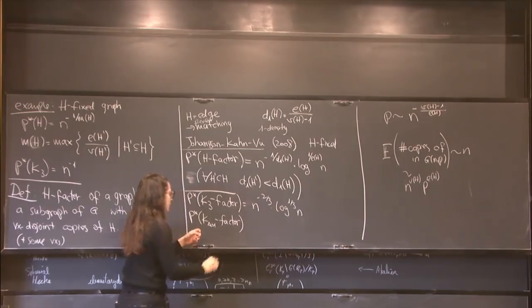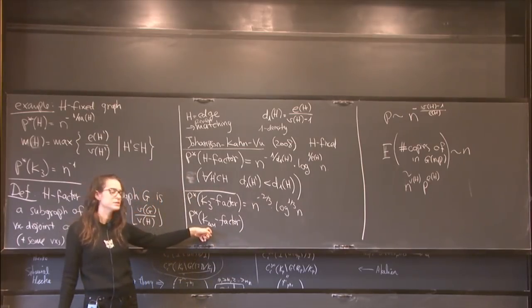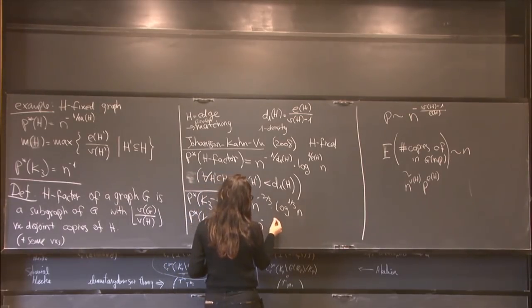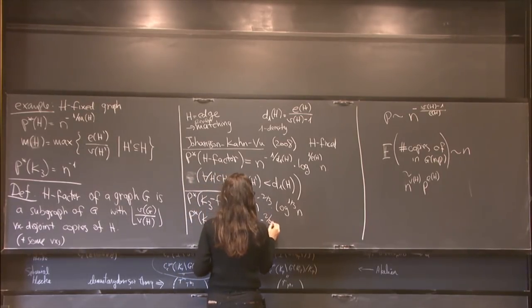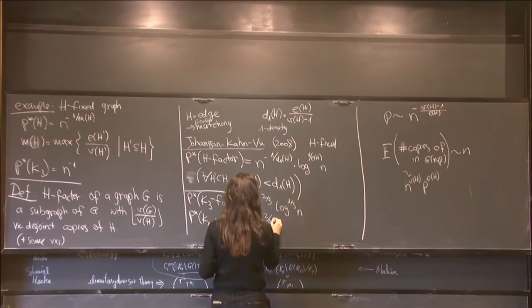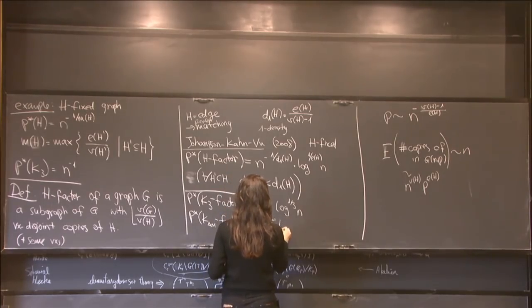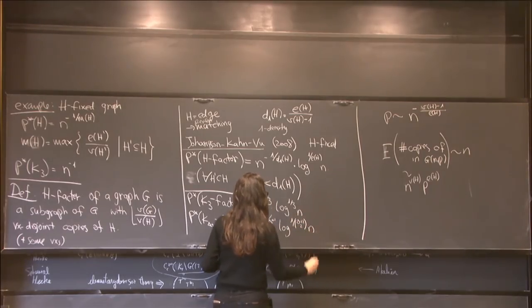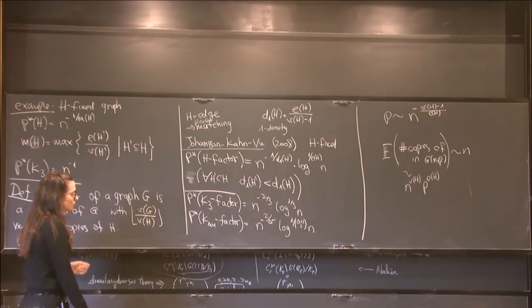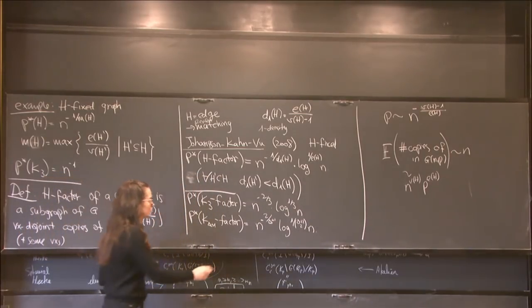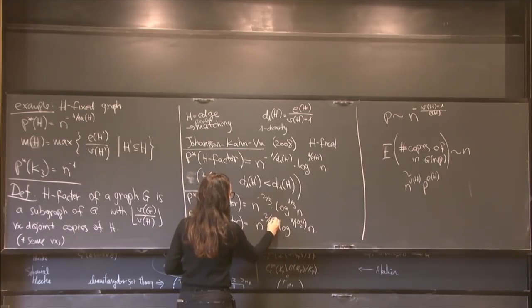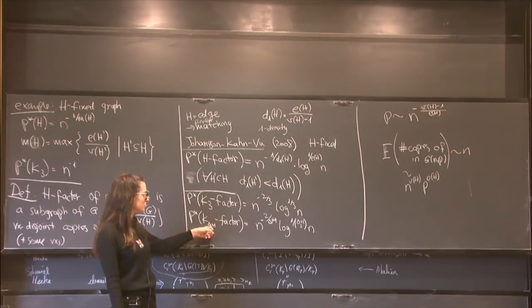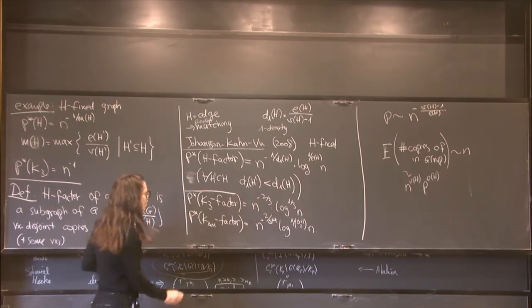This is the complete graph on delta plus 1 vertices, and its maximum degree is delta. Here we have n to the minus 2 over delta plus 1, times log n to the 1 over (delta plus 1 choose 2). You can see that if you put delta equals 2, then we get what we have here.